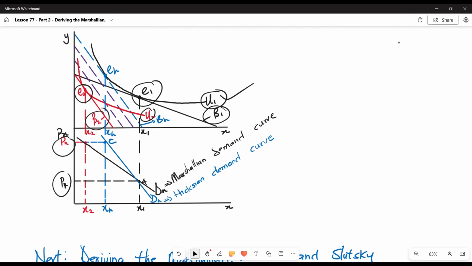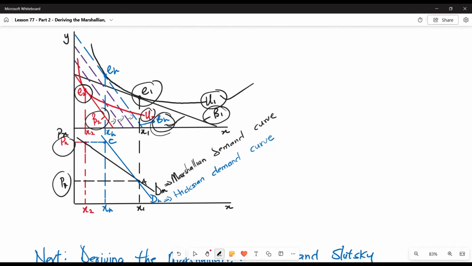So we do this by drawing an imaginary budget line that is parallel to the new budget line B2. We call this imaginary budget line BL. Now, this imaginary budget line represents compensation for the price change. To draw it, we compensate the consumer with enough income, and even more income, until the indifference curve U1 is tangential to the budget line.